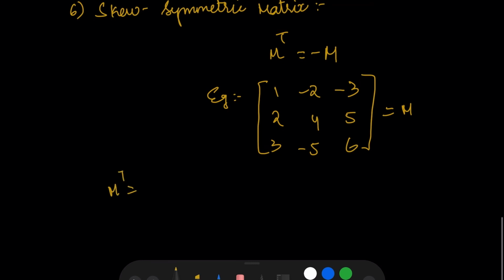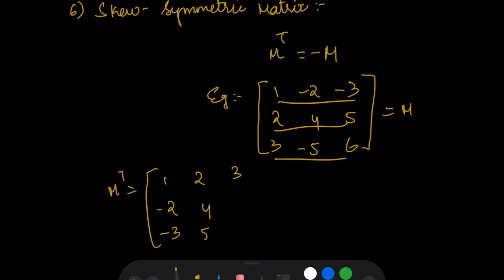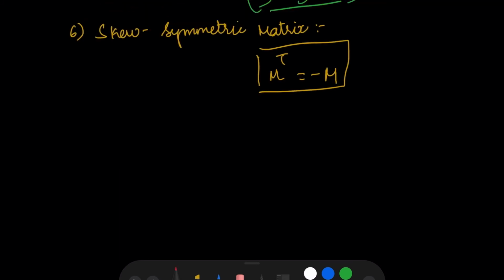The transpose of this matrix is obtained by changing the first row into the first column, 1, negative 2, negative 3, changing the second row into the second column, 2, 4, 5, and changing the third row into the third column. So if the transpose of this matrix is equal to the negative of the original matrix, then it is called a skew-symmetric matrix.